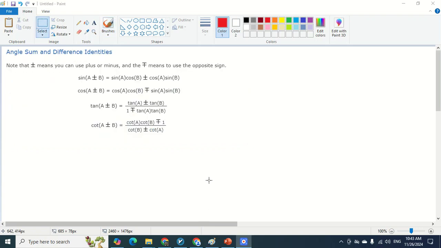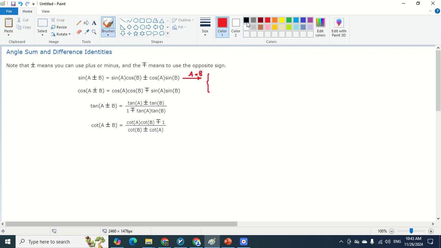There are some more identities that you should keep in your mind that determine the sum and difference of sine and cosine. Over here, if you put A and B as the same, then you will reach the main important relations for sine and cosine.